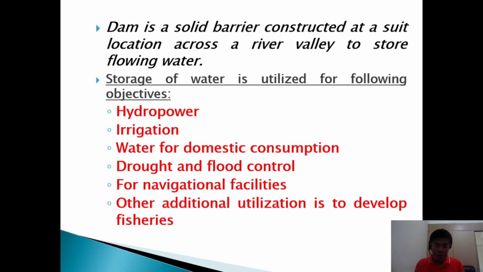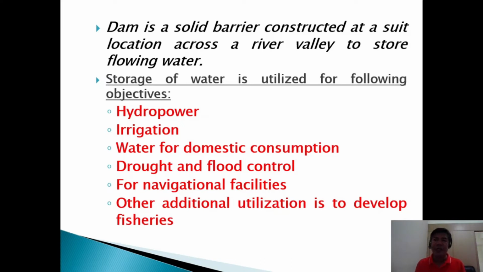Of course, this is only for small dams that are being constructed mostly in the far-flung barangays that are considered agricultural areas, because most areas, even in my province in Samar, the majority of the agricultural areas in our town or the whole province are still waiting for the natural irrigation, which is just the rain.